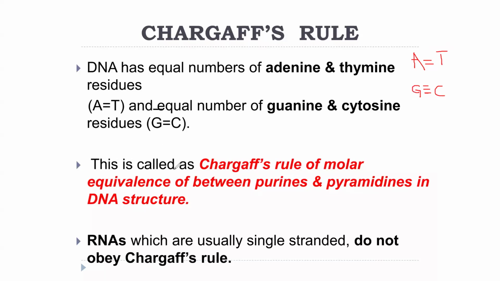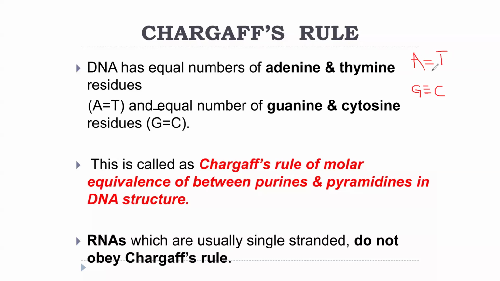This is called Chargaff's rules of molar equivalence between purines and pyrimidines in DNA structure. It's just trying to give us an idea of how these nucleotide bases are pairing.